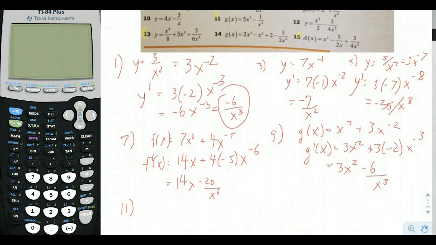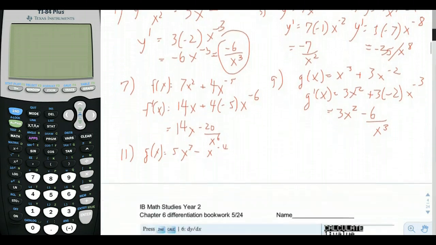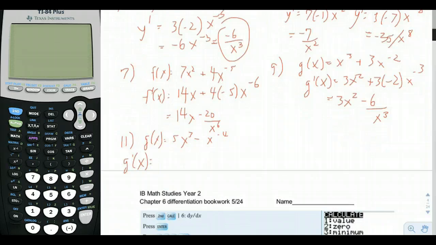Now 11. 11 is g of x equals 5x cubed minus x to the negative fourth. If we take the derivative of that, we get 5 times 3x squared, which would be 15x squared, and then this would be minus negative 4 divided by x to the fifth.